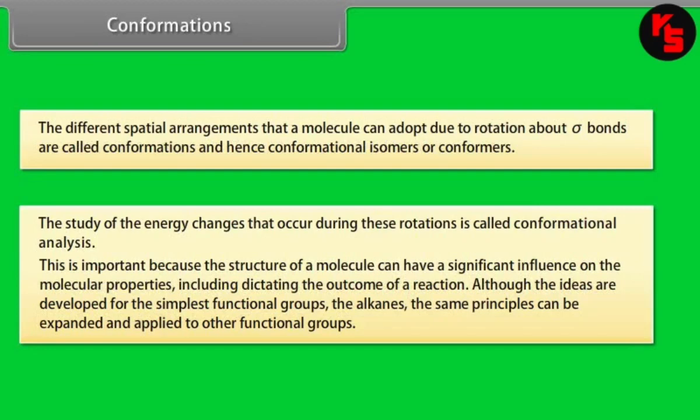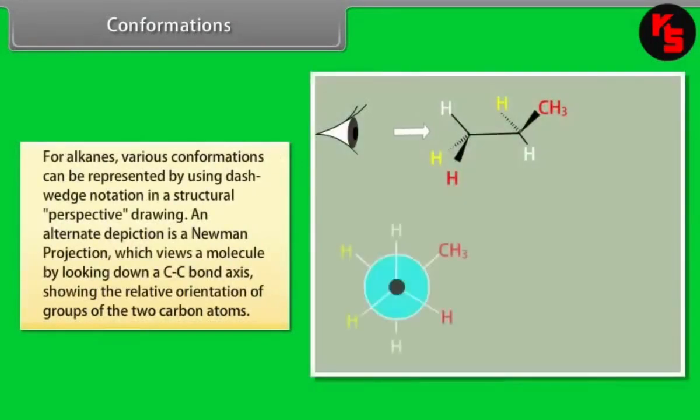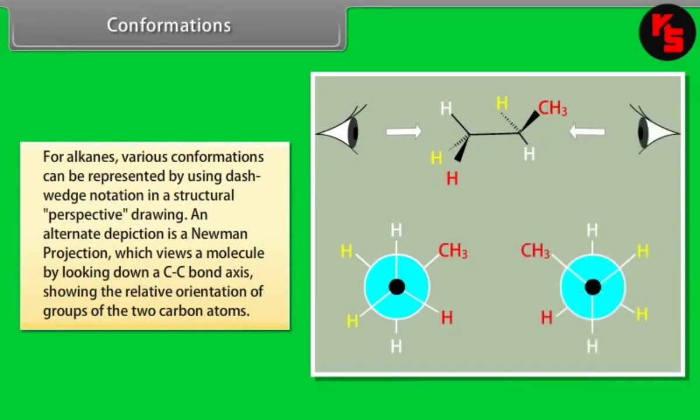Although the ideas are developed for the simplest functional groups, the alkanes, the same principle can be expanded and applied to other functional groups. For alkanes, various conformations can be represented using dash-wedge notation in a structural perspective drawing. An alternate depiction is a Newman projection, which views a molecule by looking down the C-C bond axis, showing the relative orientation of groups on the two carbon atoms.